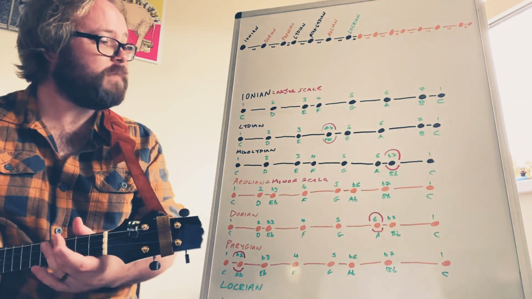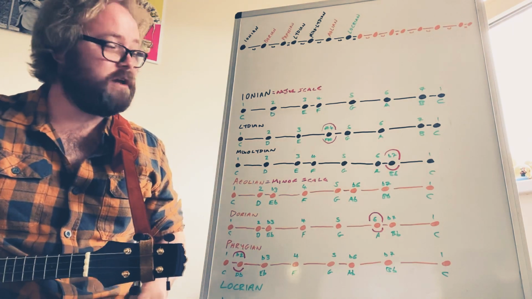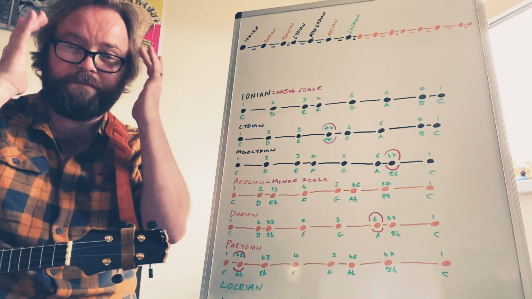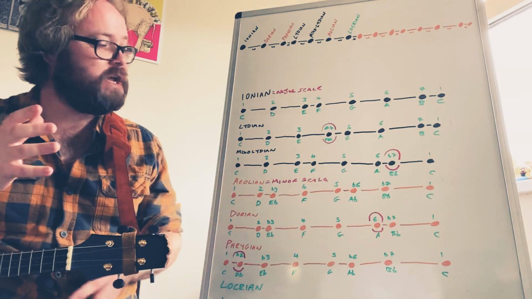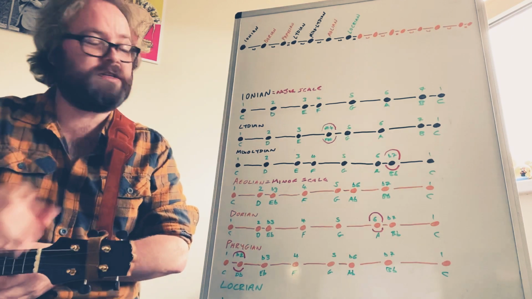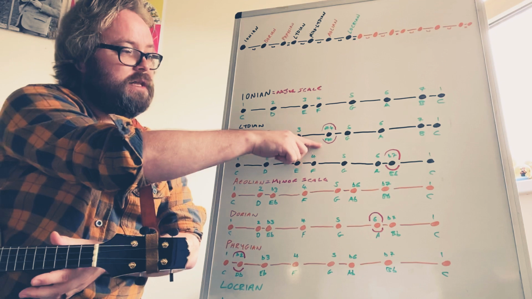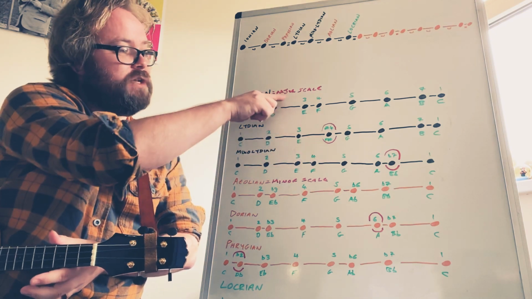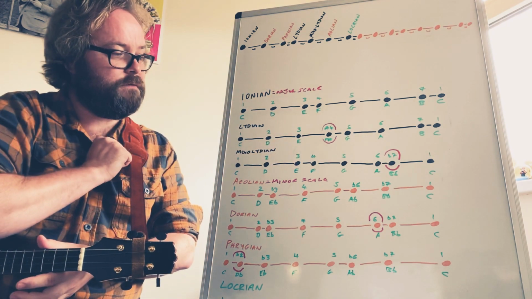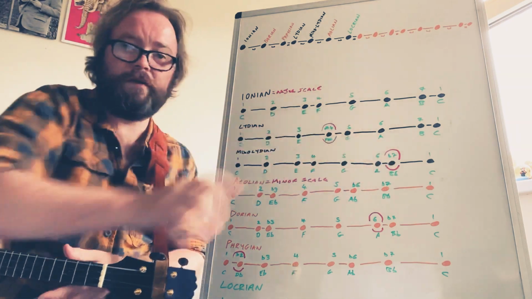Okay. So again, if you're thinking back to remembering all these different scales, you don't need to learn them all off by heart, and you don't need to know these strange names off by heart, each single one of them. Just think about them in relation to either the major scale or the minor scale. So the Lydian is the same as the major scale with a sharped fourth, and the Mixolydian is just like the major scale but with a flatted seven.